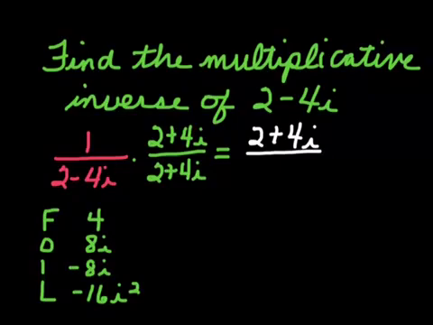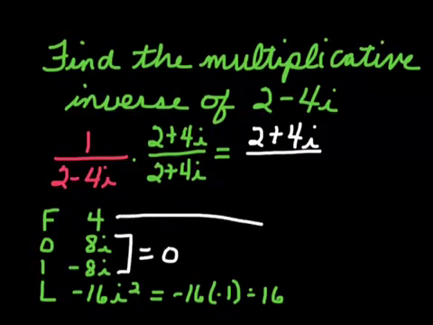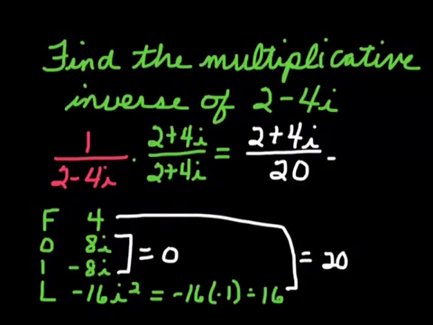Let's simplify this last piece. This would be negative 16 times negative 1, or a positive 16. Combining like terms, these two equal 0, and then these two get added together and equal 20. So our new denominator is 20. We're going to separate these pieces so that we can reduce and write it in a plus bi form.